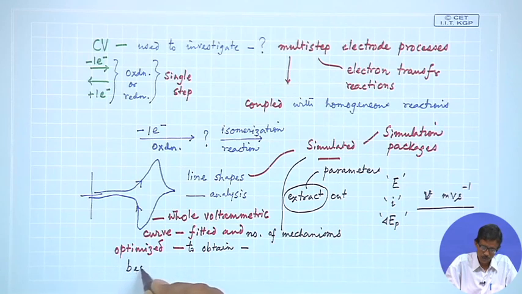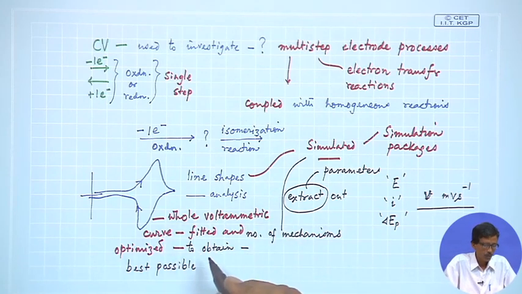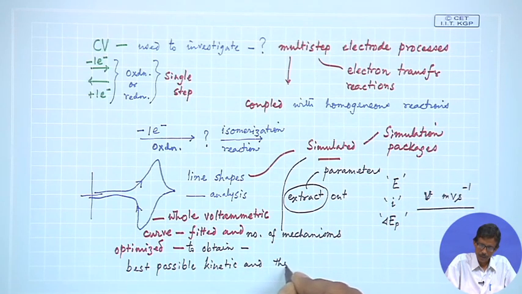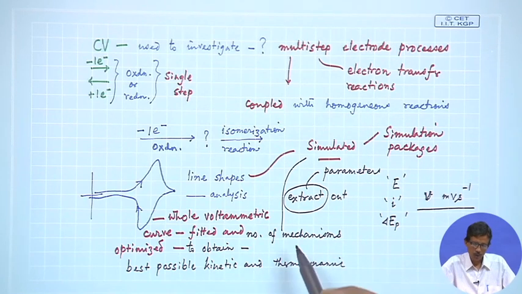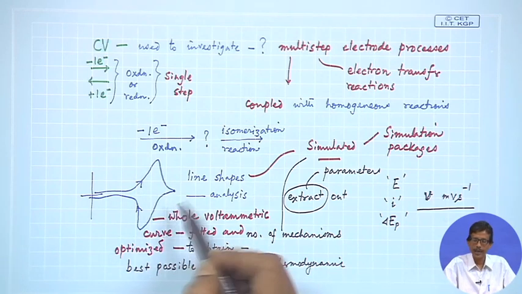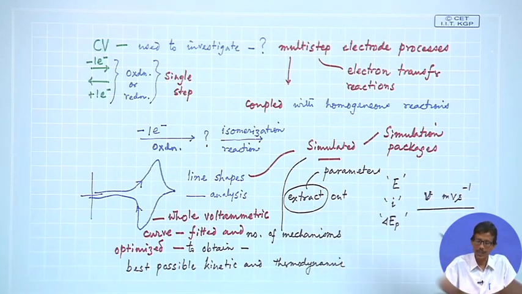Therefore, we obtain the best possible kinetic parameters from the rate and all these, and thermodynamic parameters, because in doing so we have to fit some equation. That is why we can have simple equations starting from the Nernst equation, then the Ilkovic equation, and all these different equations can be established.